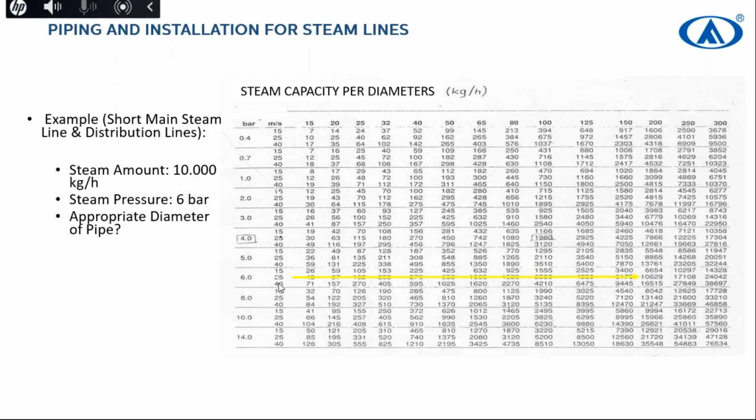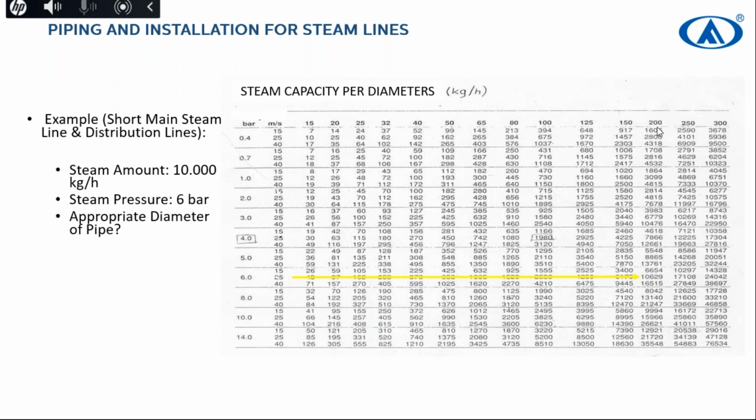But as a design velocity, it should be 25 meter per second, because the steam's design velocity can be between 20 to 30 meter per second, and for this chart, its best velocity is 25. At 6 bar, 25 meter per second steam can pass through DN200 at about 10 ton per hour.